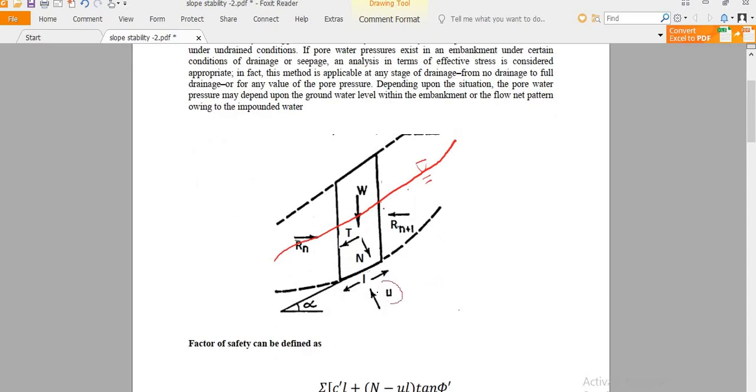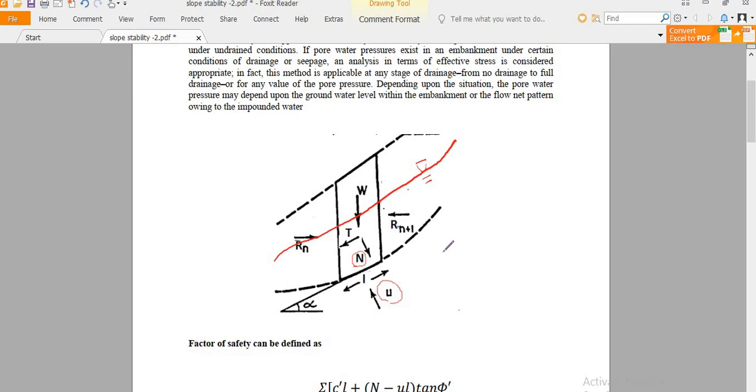You can see, there will be an effect of pore water pressure at the bottom of the slice. So you can imagine what will happen to the weight components of the slice, especially this N.